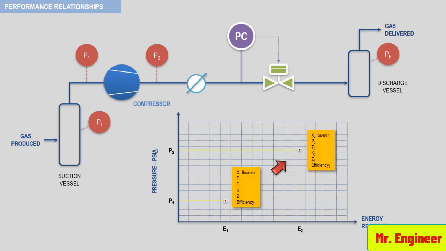This is the reason why most process control systems monitor pressure and install a controller to either modulate the flow via a control valve, which will change the head required by the process, or via the speed of the compressor, which will change the head produced by the compressor.